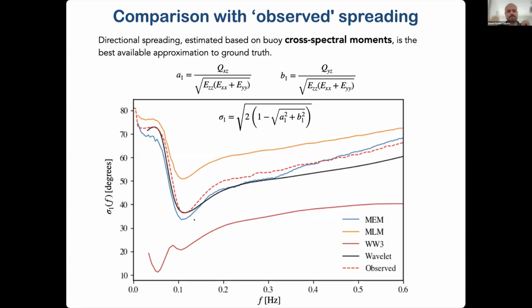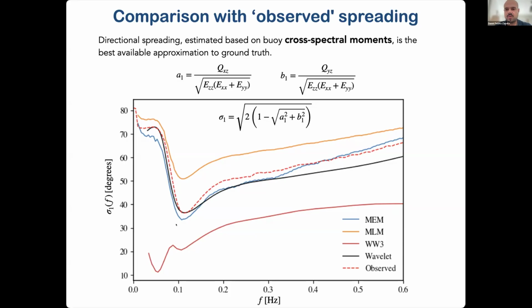So as you can see, the dashed line is the observed directional spreading. The wavelet method and the maximum entropy method both are very close to what we expect from the observations, whereas in this case, WAVEWATCH III is completely off.